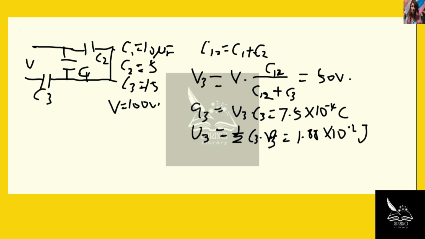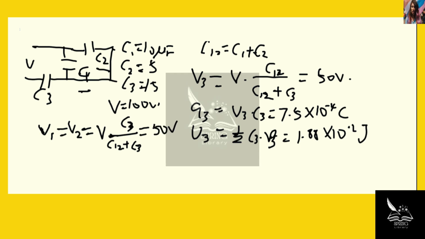And similarly, we can find out the voltage across C1 and C2, because C1 and C2 are connected in parallel. So V1, the voltage across C1, equals V2, which equals V times C3 over C12 plus C3, okay? So this value also equals 50 volts.